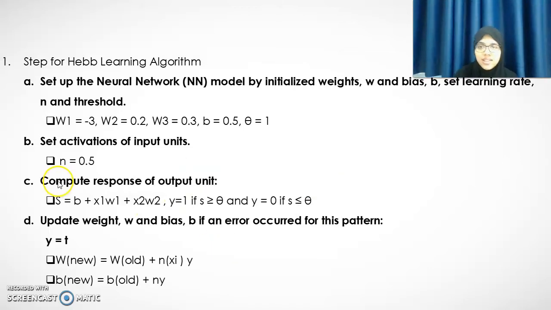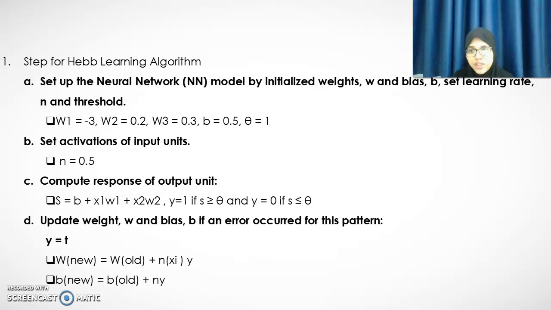Third step is compute response of output unit. So S is equal to B plus X1 W1 plus X2 W2 plus X3 W3. Y is equal to 1 if S is the same or more than theta value, and Y is equal to 0 if it is less than theta value. The last step is update weight W and bias B if an error occurred for this pattern.